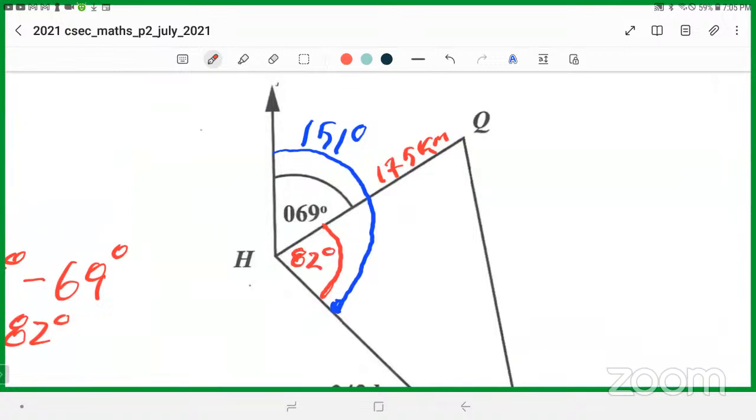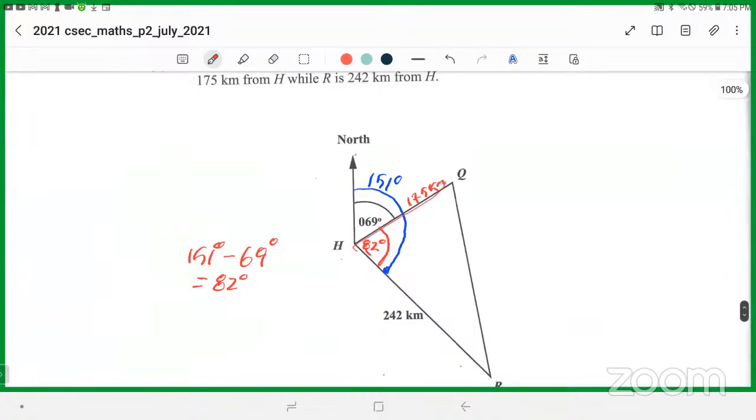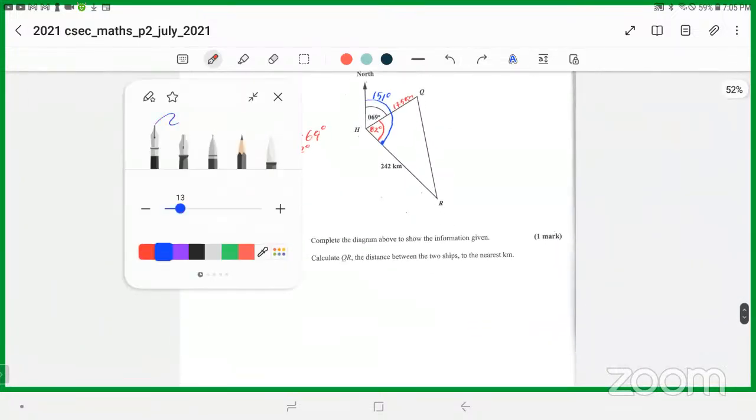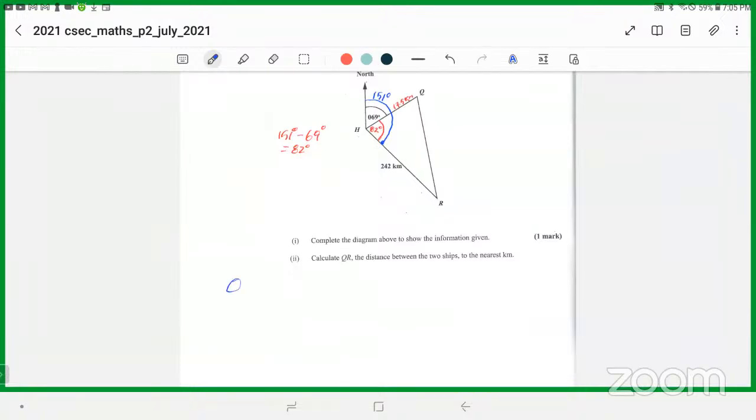Because we have that now, we can use the cosine rule to find this side QR. So QR squared would start like Pythagoras' theorem, 175 squared plus 242 squared, then subtract 2 times 175 times 242 times the cosine of the 82 degrees between them.